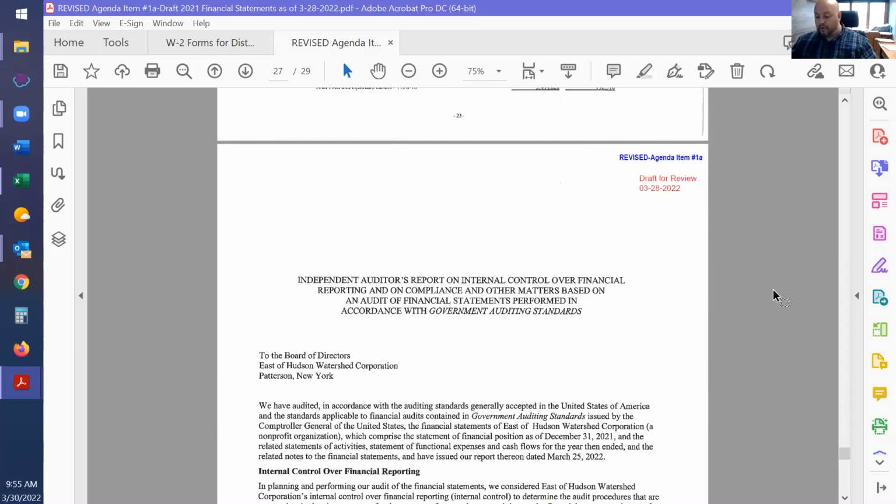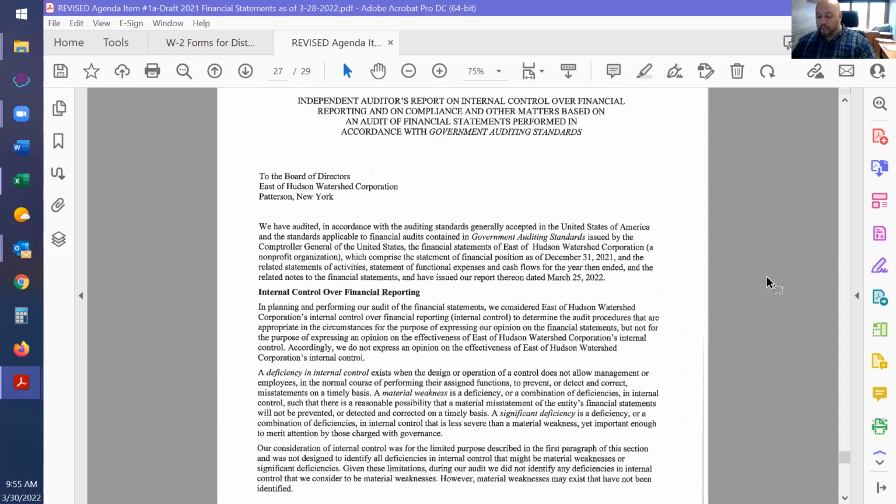Moving on to page 24. Page 24 is another accounting report. Basically, this is our report on Yellow Book or governmental auditing compliance. Because you are a municipality or related to doing work with a municipality, we are required to have this report in there, stating what the requirements are regarding internal control over financial reporting.